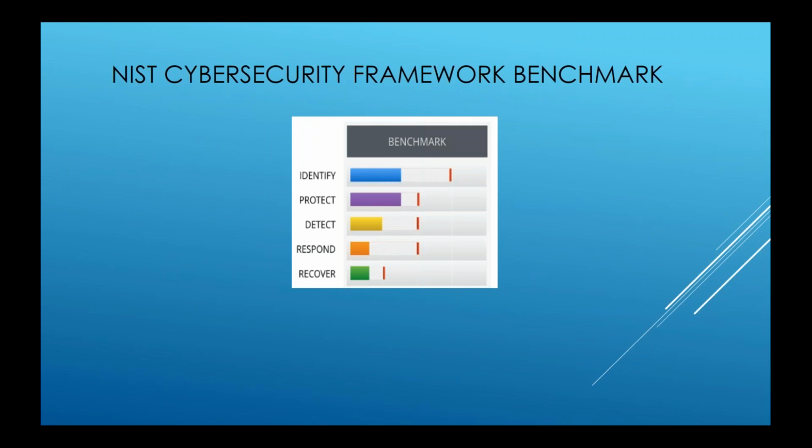As we take a look in the spreadsheet, we are going to see that we break those down into different benchmarks from the NIST, the National Institute of Standards and Technology, and there are 5 categories or areas or groups that we identify a control with, and those are identify, protect, detect, respond, and recover.